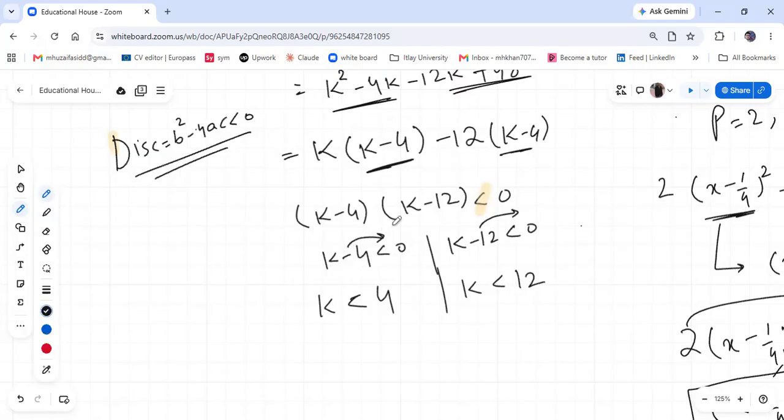And when we are moving to this side, this term is converted into the positive. It means in general this term is less than 0, and when we add some terms to 0, sometimes it always remains the same. Okay. So from this one we are writing 4 is less than k, k is less than 12.